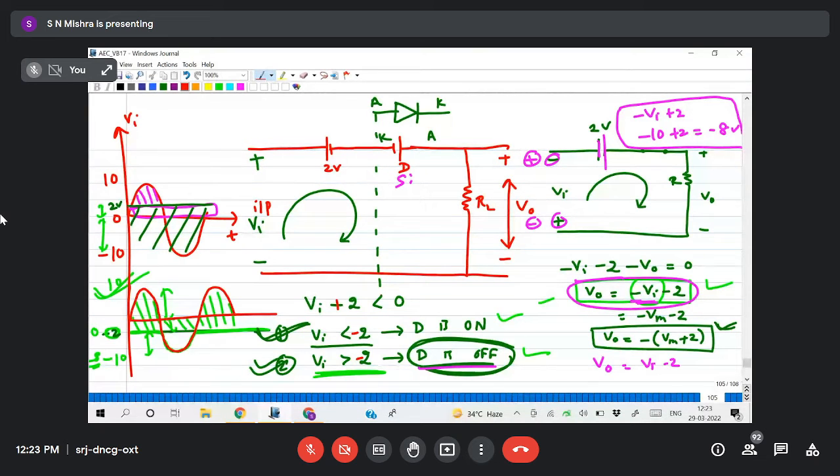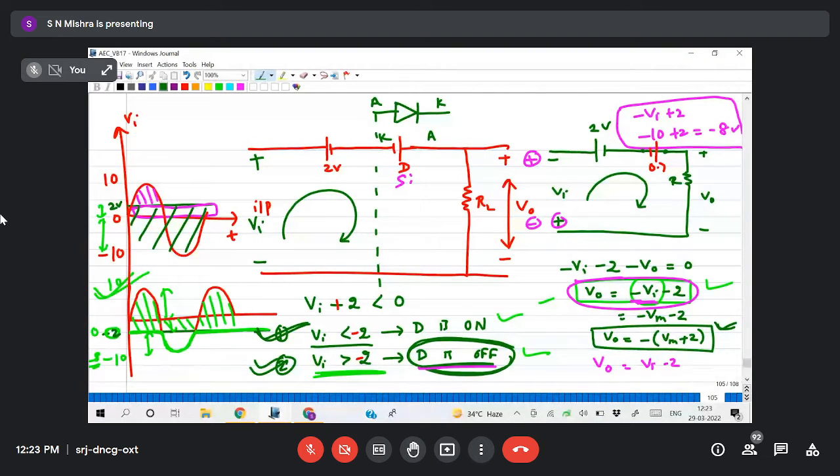So across the diode you have to put 0.7.